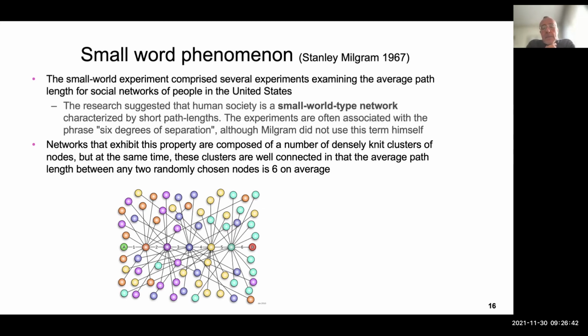Basically, he came to the conclusion that if you pick two persons in the world, in any country, everywhere in the world, let's say person A and person B, and they use social relationships, A knows this person who knows this person who knows this person, till reaching B, the length of this line is at maximum 6.